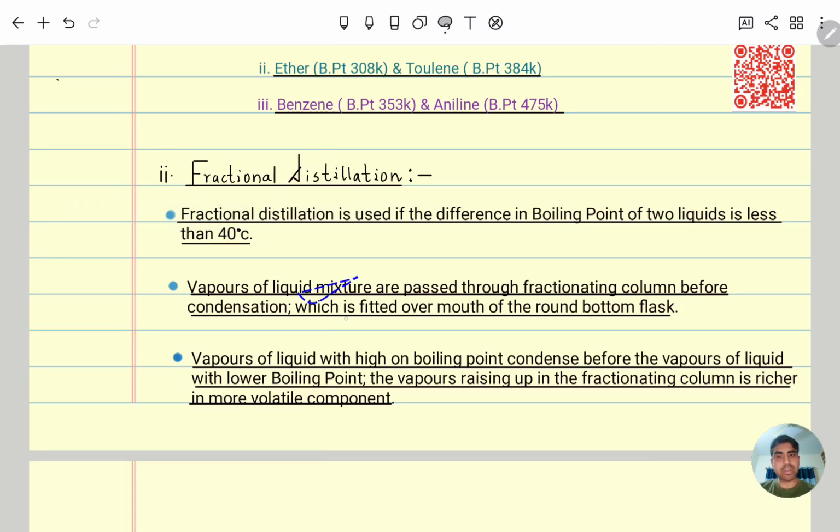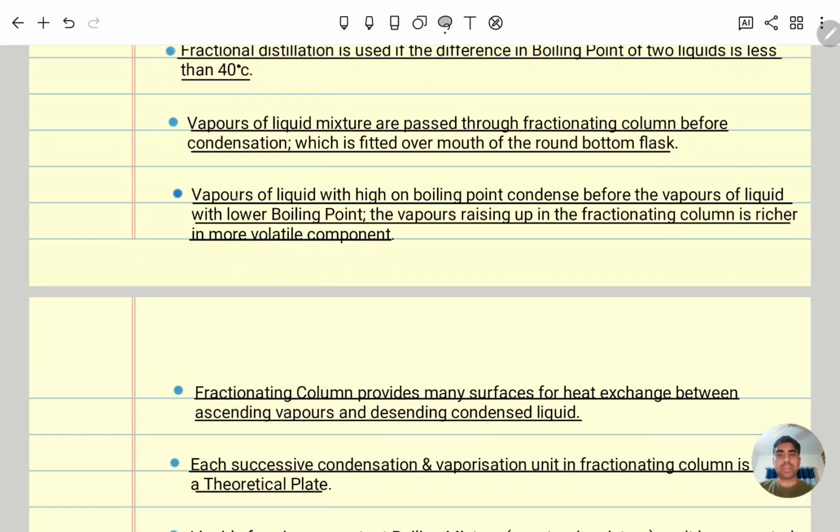Vapors of liquid mixtures are passed through a fractionating column before condensation, which is fitted over the mouth of the round bottom flask. Vapors of the liquid with the higher boiling point condense before the vapors of the liquid with the lower boiling point, and the vapors rising in the fractionating column are richer in the more volatile component.